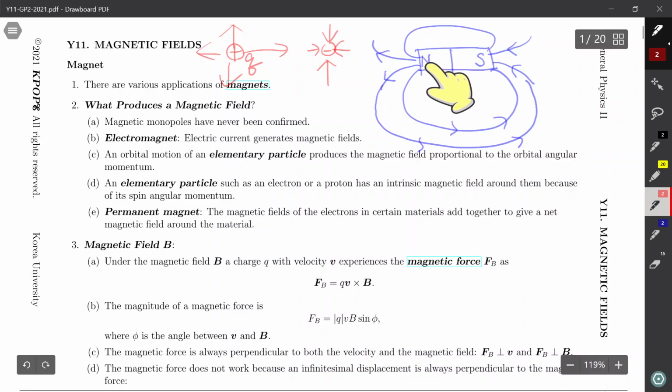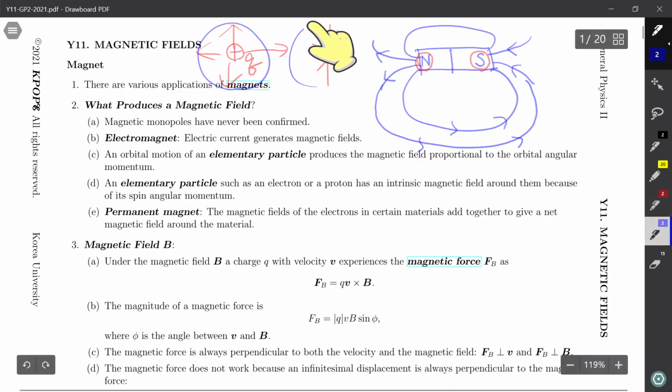Similarly, the north pole is the source and the south pole is the sink. However, in the case of electric field, the charges are separated, so this is positive and negative. They are monopoles.